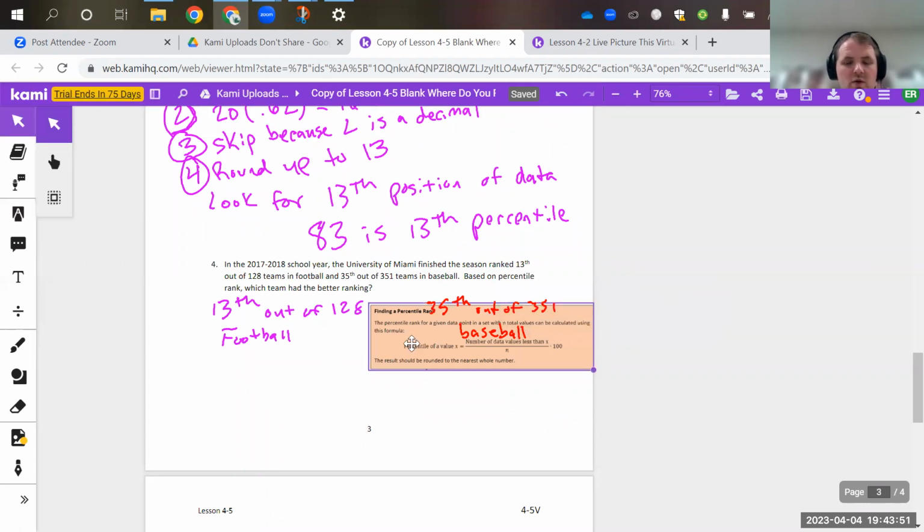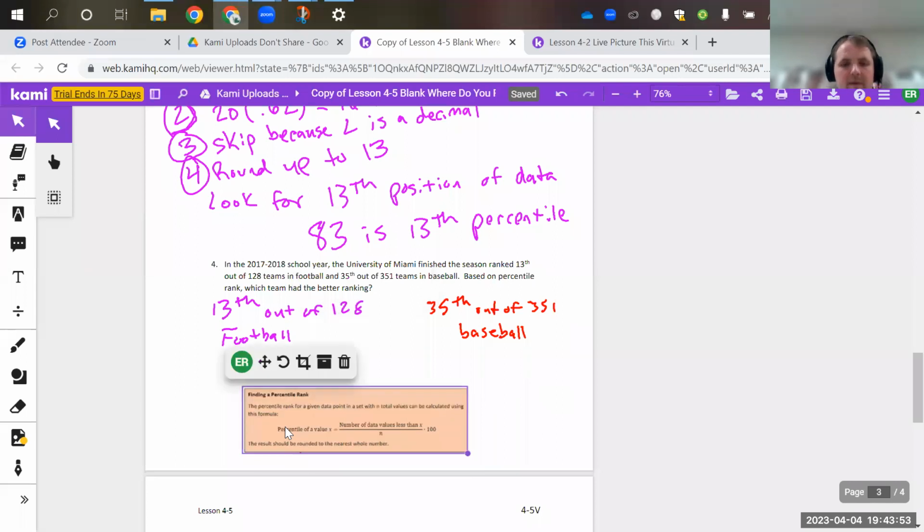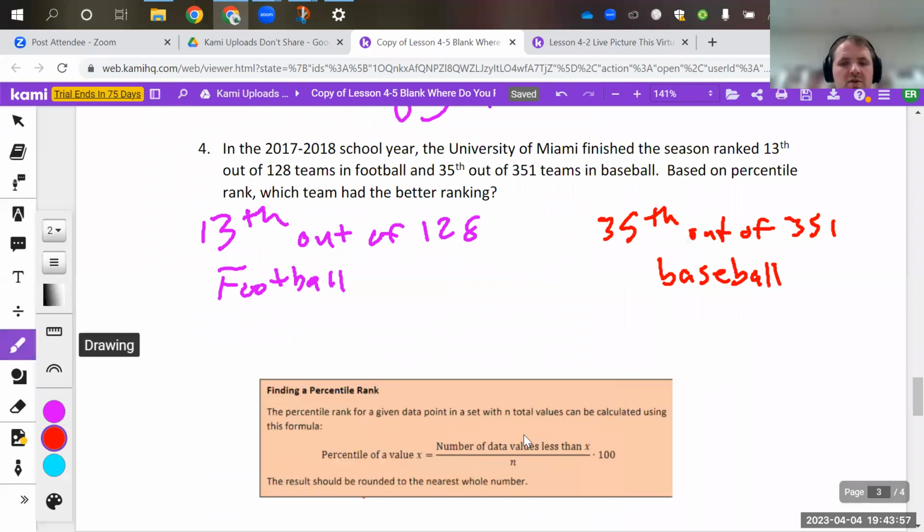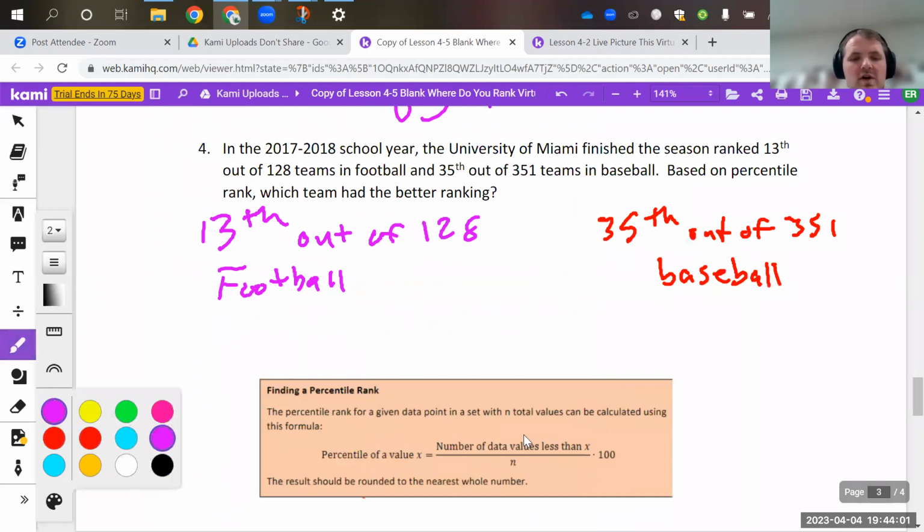So this is the equation I'm working off of. Okay, I'll zoom in a little. So there's the number of the data values less than x, all divided by n. So my n is the total number of teams there. So 351 is going to be an n.